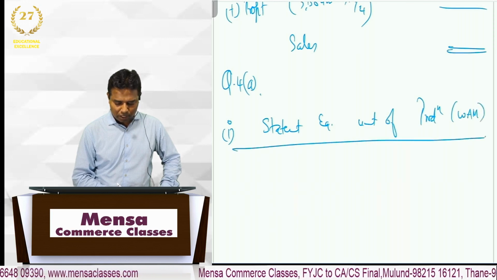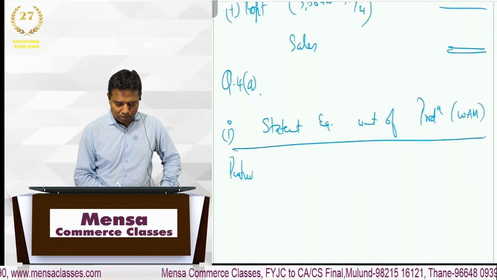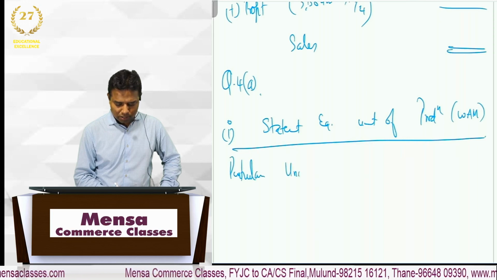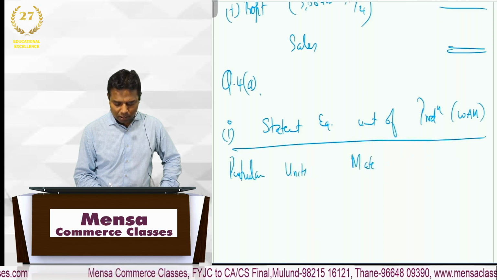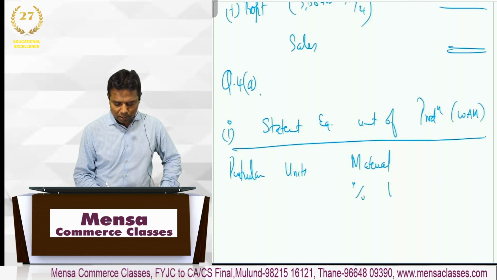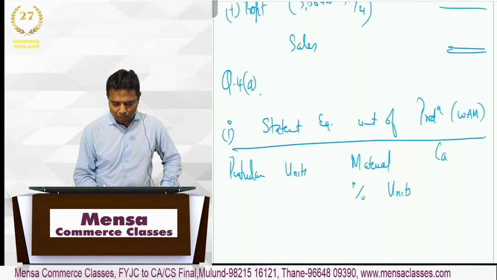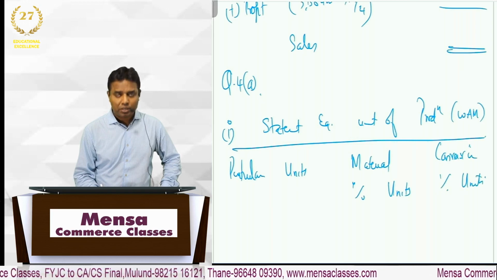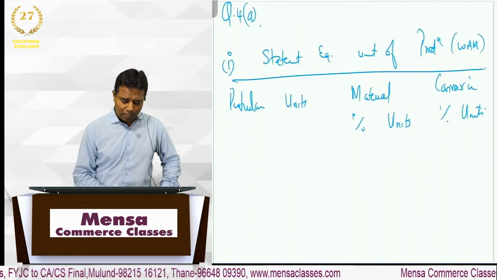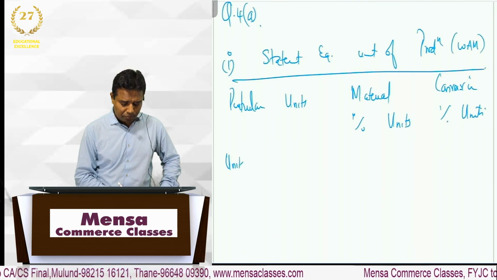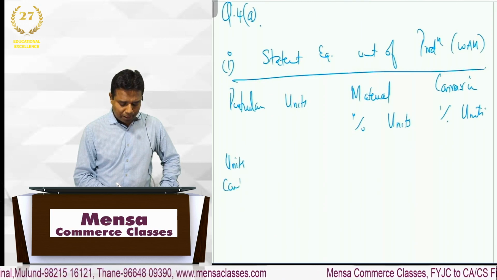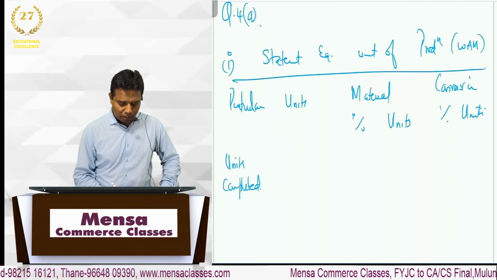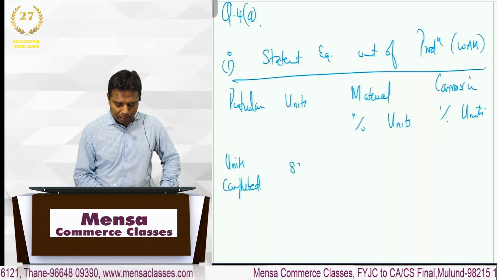Just doing it roughly. Particulars, the units, then materials, you have percentage, units, then you have conversion, the other part, percentage, units. Since it is weighted average, you can directly start with units completed. Units completed was 83,000.